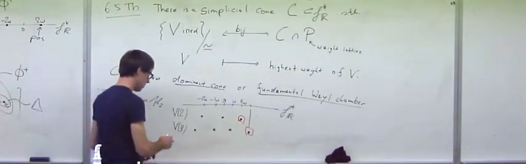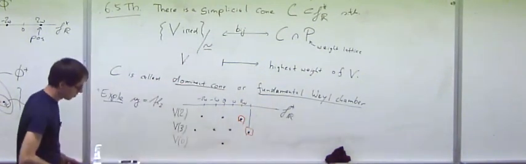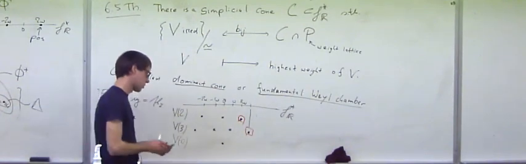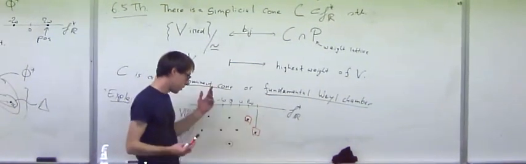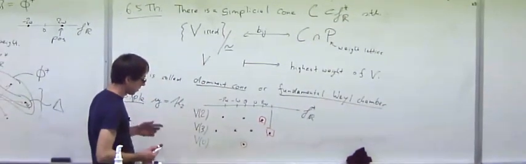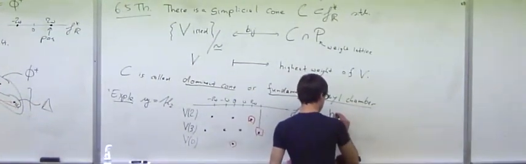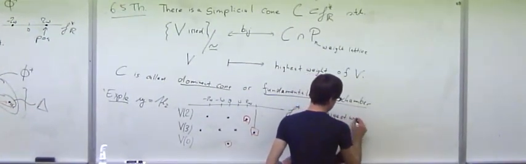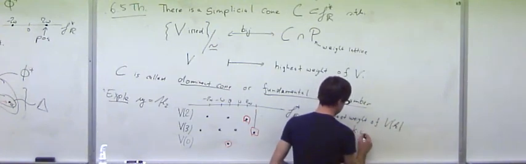Maybe some boundary cases also. There's V0. This is just one-dimensional, and the weight of this one-dimensional space is 0. So I guess you can see that I can produce every non-negative multiple of omega, because the highest weight of V_k is just k times omega.